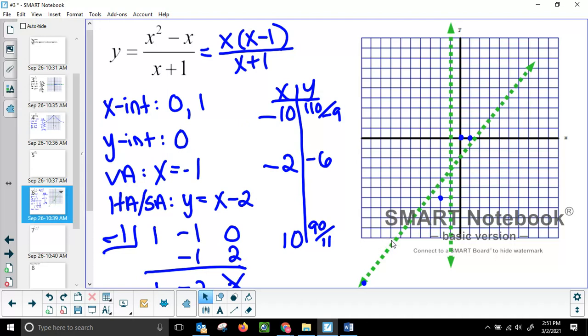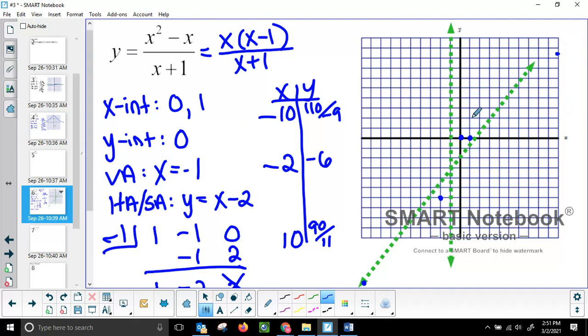Then we have, of course, 10 and 90 over 11. So that's just over 8. So 10, just over 8.